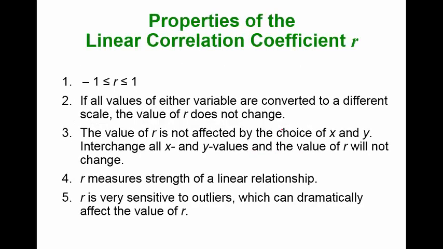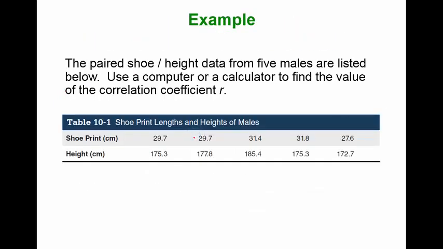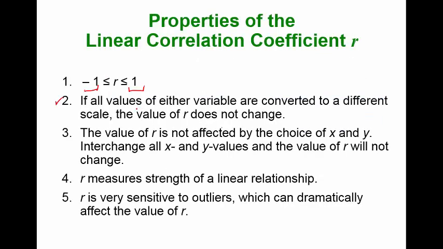Here are some of the properties for our linear correlation coefficient. Our linear correlation coefficient r should always be between -1 and 1. We have another property that says if you convert one of the variable scales from one scale to another, for example, if you change your x value from centimeters to inches, then your r correlation coefficient does not change.